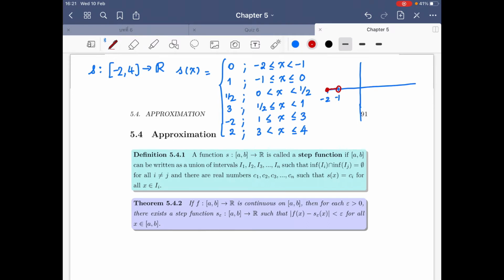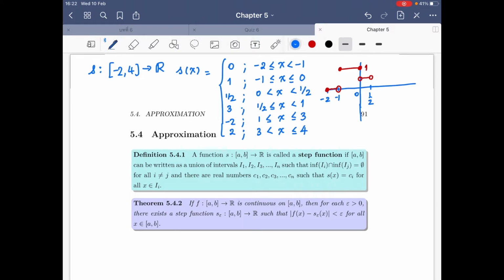Then from -1 to 0, it takes the value of 1, so you can put it here as a 1. And from 0 to 1/2, let's say here is 1/2, it takes the value 1/2, and it excludes the point 0 and also the point 1/2.